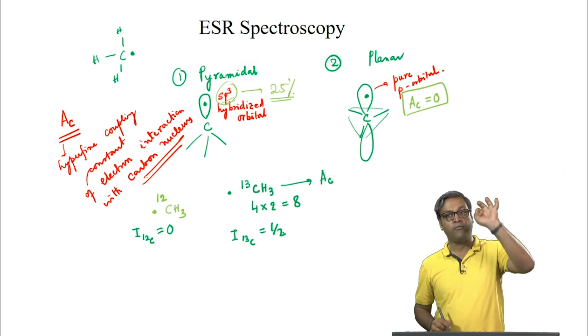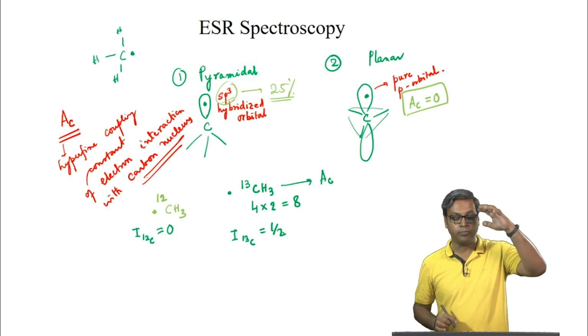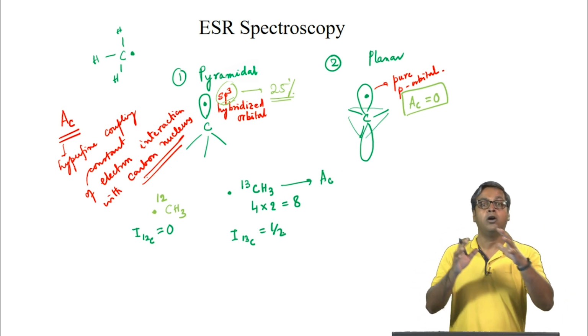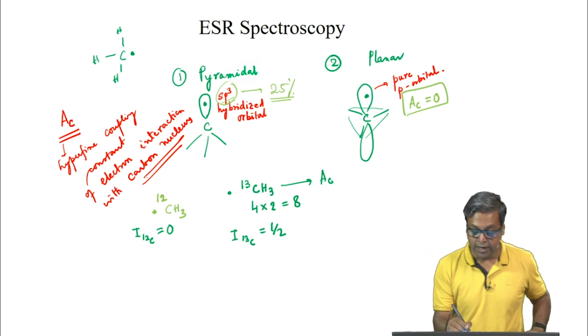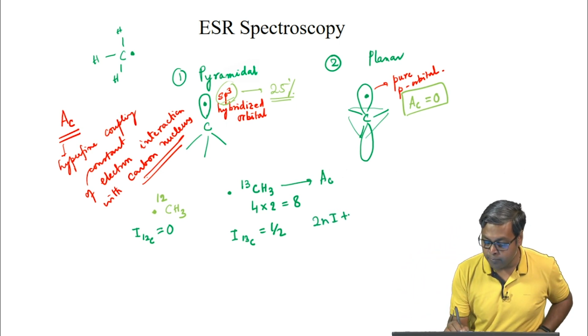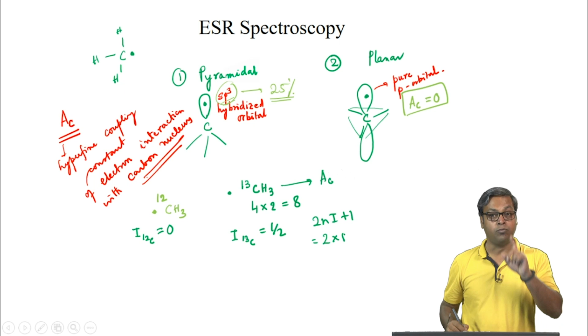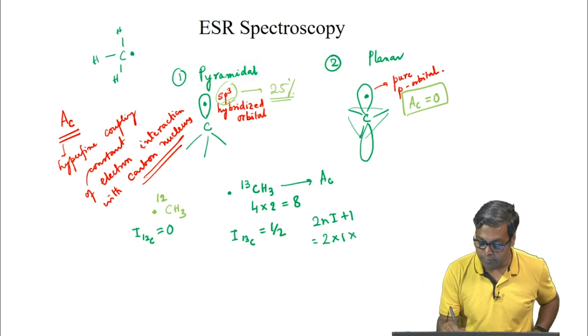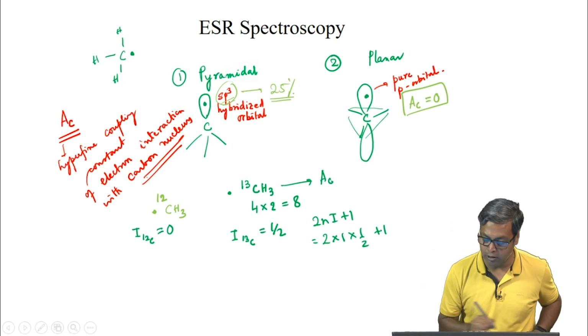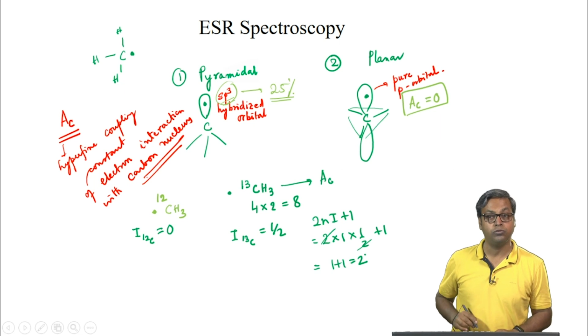So, the number of lines just coming from the interaction of the unpaired electron with the 13 C nucleus is 2 n I plus 1, which is 2 times n, where n is 1 because there is 1 carbon nucleus, times half, plus 1. So, 2 cancels here, and we have 1 plus 1 equals 2.